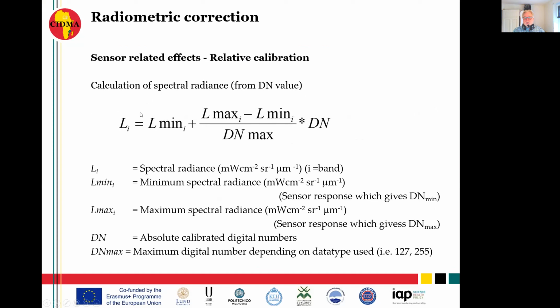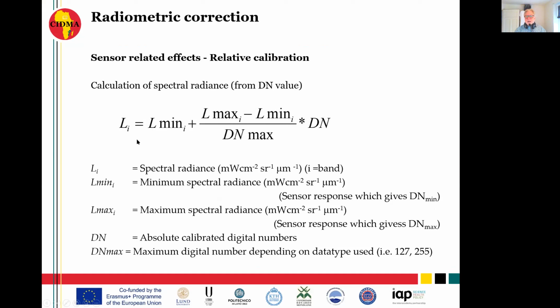Then we need to know a little bit about the detector used by the sensor in the satellite. What's the minimum that it can actually measure, and what's the maximum, and what's the DN max? That's how many bits are used to spread the values between the minimum and maximum.